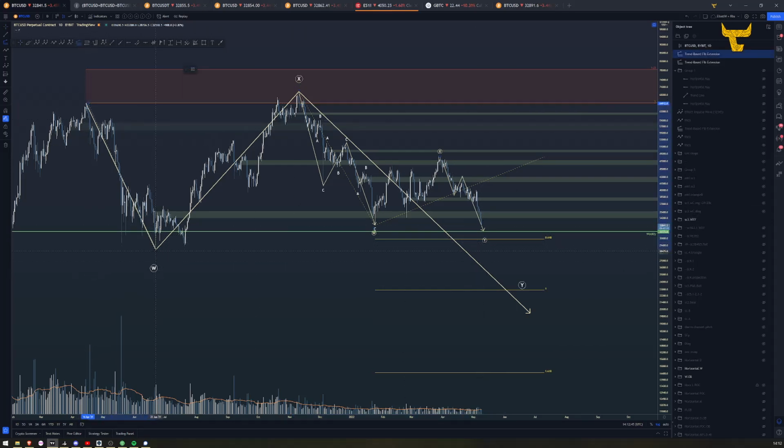We can take this for the target. We'll be reaching the 1-1 extension in confluence with the smaller 0.618 on a log scale. As you know, this was a 1-1 extension on a linear scale.